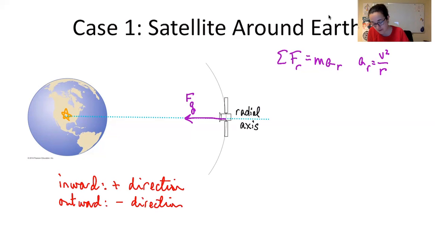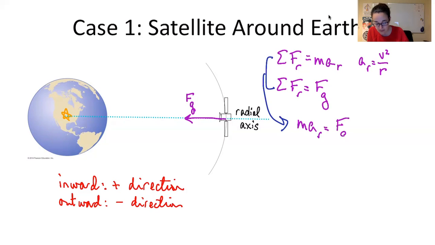And so our net force equation that describes what's happening on the radial axis is net force equals Fg. Now, as always, we can set these equal. So m a_r equals Fg. Okay, so that's the basics. And we're going to stop there because I'm not going to expand Fg into mg because g is not 9.8 for the satellite. So we're just going to stop there.